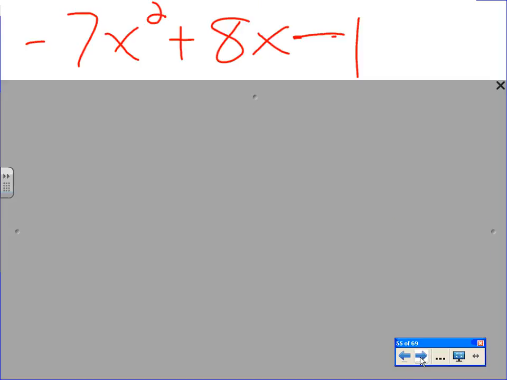I expect 100%. Here are the directions on this one. They are going to say factor completely. So we'll just do one factoring problem. I do have some examples with adding, subtracting, and multiplying if you think you might need it. Maybe we'll just go over the parabola formulas together instead of doing a problem.